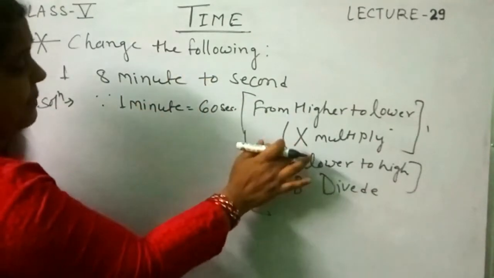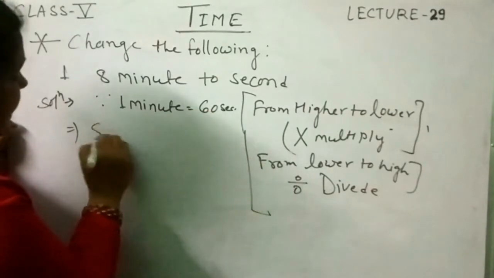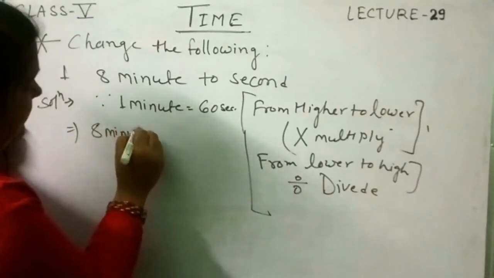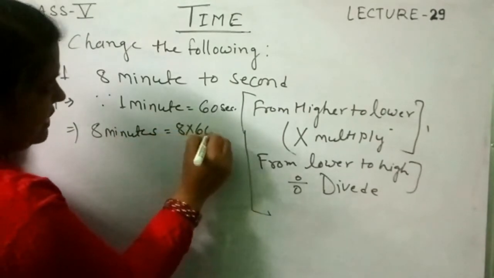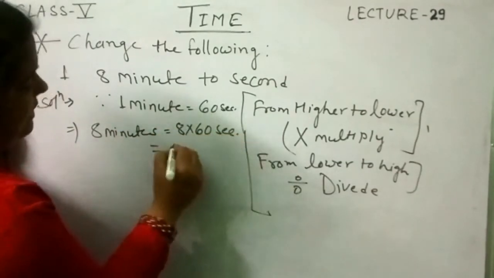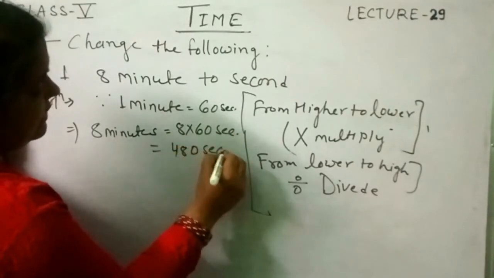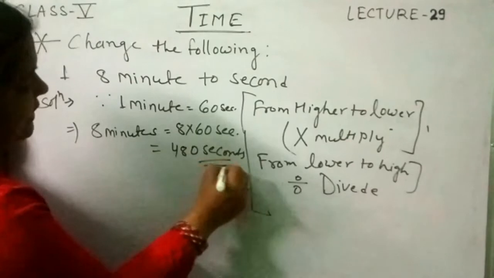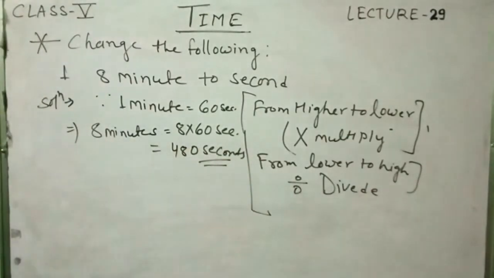We have to multiply. So 1 minute is 60 seconds, then 8 minutes is 8 into 60 seconds. 8 sixes are 48 seconds. That is your answer.